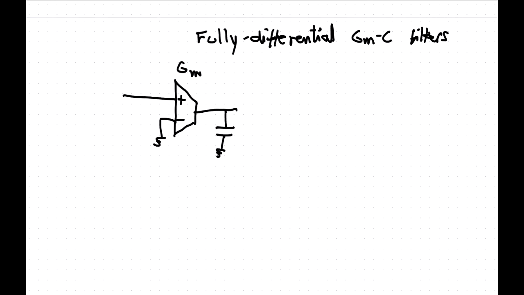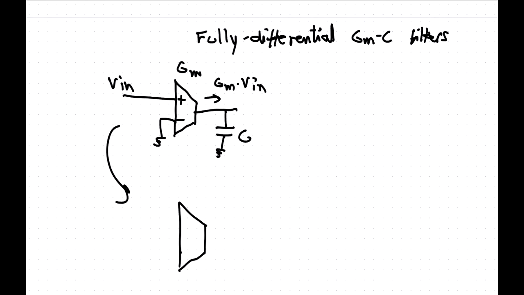So if you have, say, the integrator here, like that, the current there, GM times Vin, and the capacitor C here, you want to turn it into a fully differential circuit. What you really want then is that the input voltage is still between the two inputs, but one of them is not grounded.